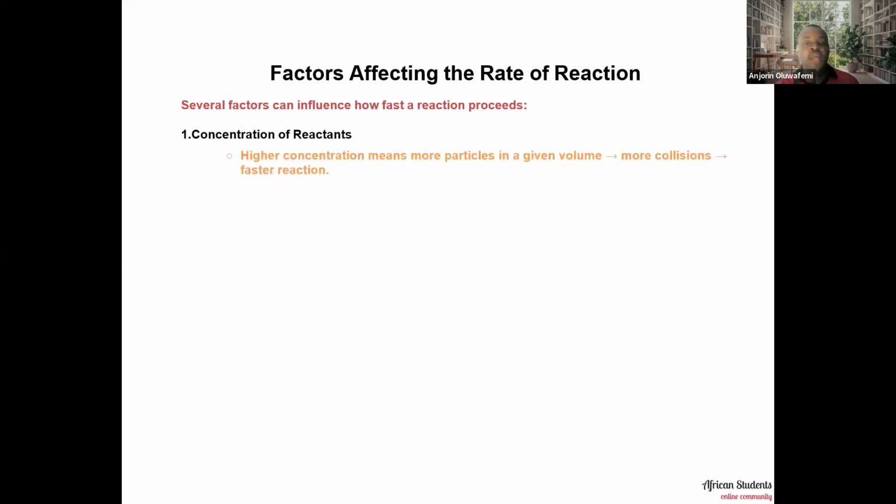So higher concentration means more particles in a given volume, more collision, and faster reaction. So when you have a higher concentration, it means that more particles are released in a given volume, and then more collision and faster reaction is observed.